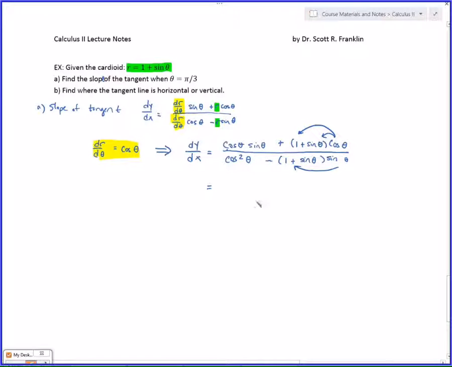Is that better? So distribute this, and on top I'll have cosine theta sine theta plus cosine theta plus cosine theta sine theta, divided by cosine squared of theta minus sine theta minus sine squared theta.